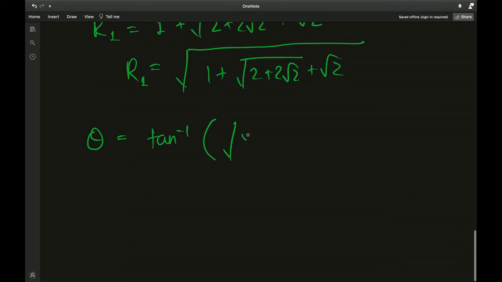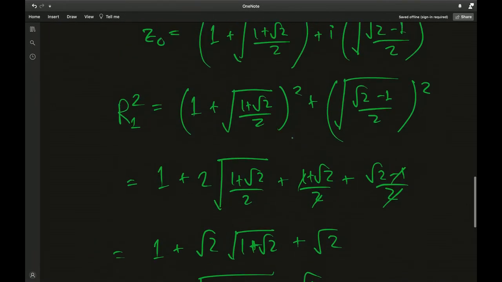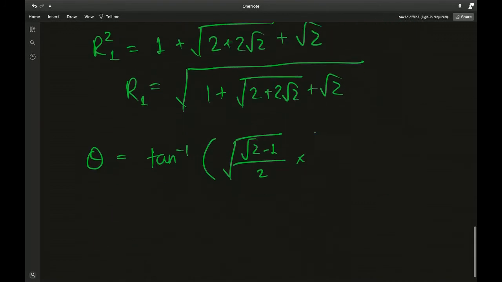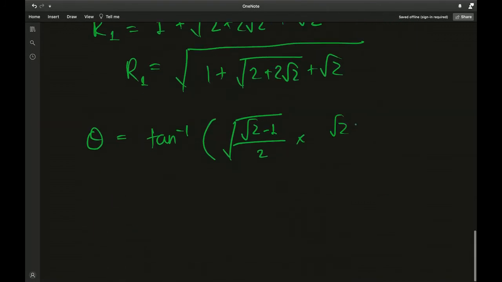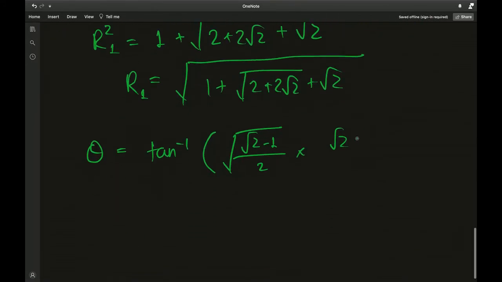So square root of (square root 2 minus 1) over 2 times the reciprocal of this guy, if we want to divide it that way.